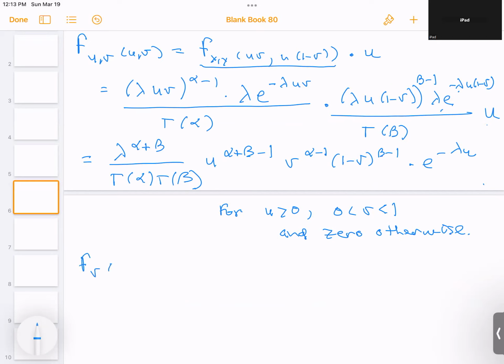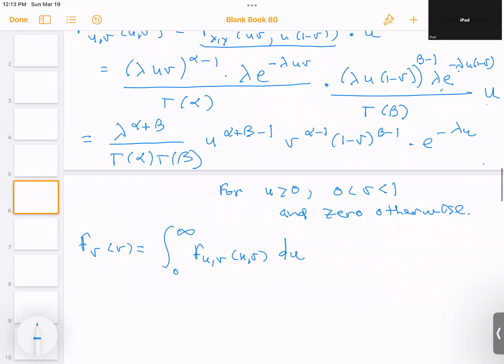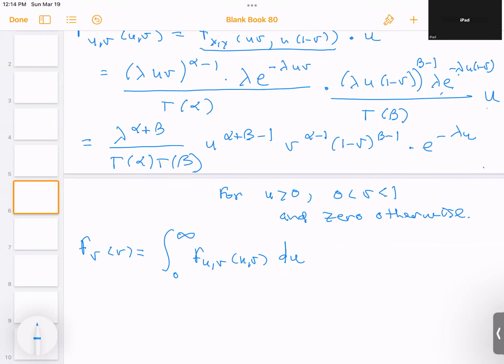So f_V of little v is equal to the integral, I integrate over all of U, and I just put in f_UV. I got to put all this stuff in here now, but a lot of this will come outside, right? I just have to put in what has U in it here. The rest is constant here.